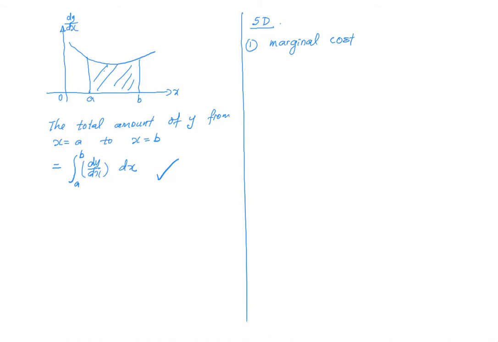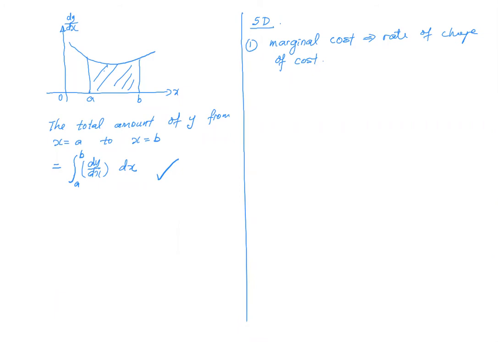What is the meaning of marginal cost? It means rate of change of cost. So you have to know marginal cost is rate of change of cost.